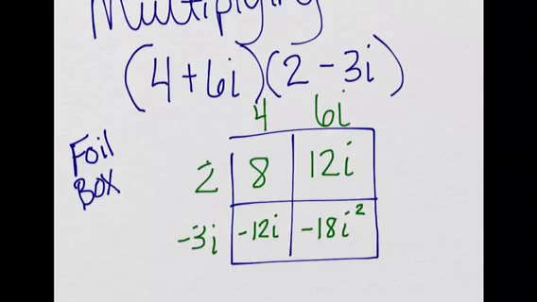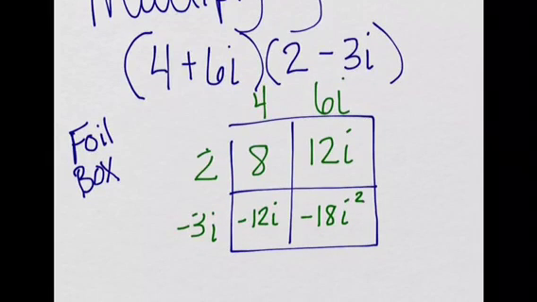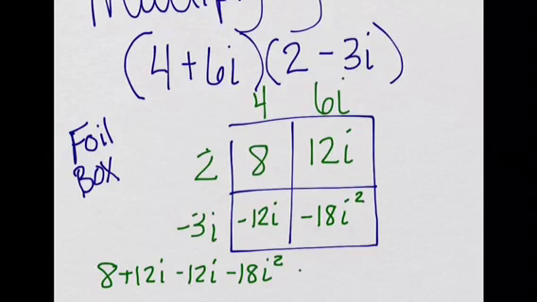Okay, what I'm going to do now is I'm going to pull all of these terms out of my box. So I get 8 plus 12i minus 12i minus 18i squared. Okay, I'm going to go ahead and combine some like terms here.